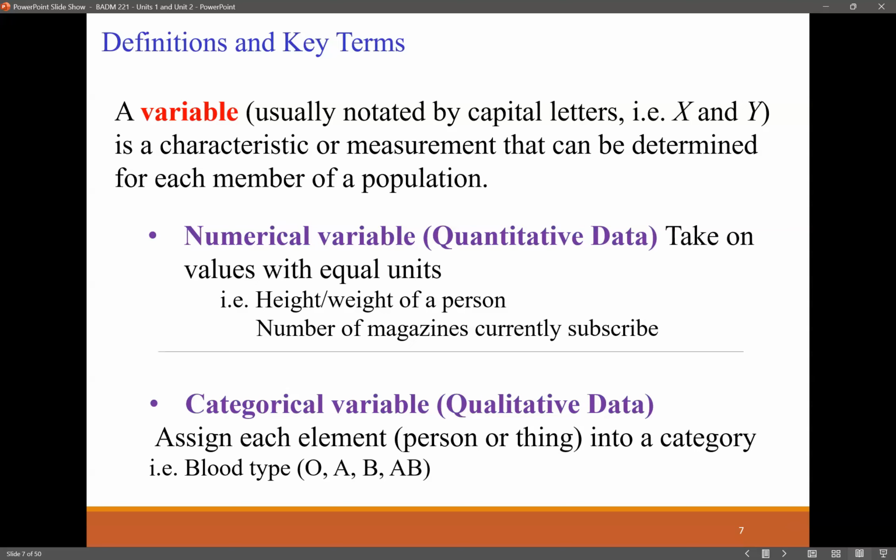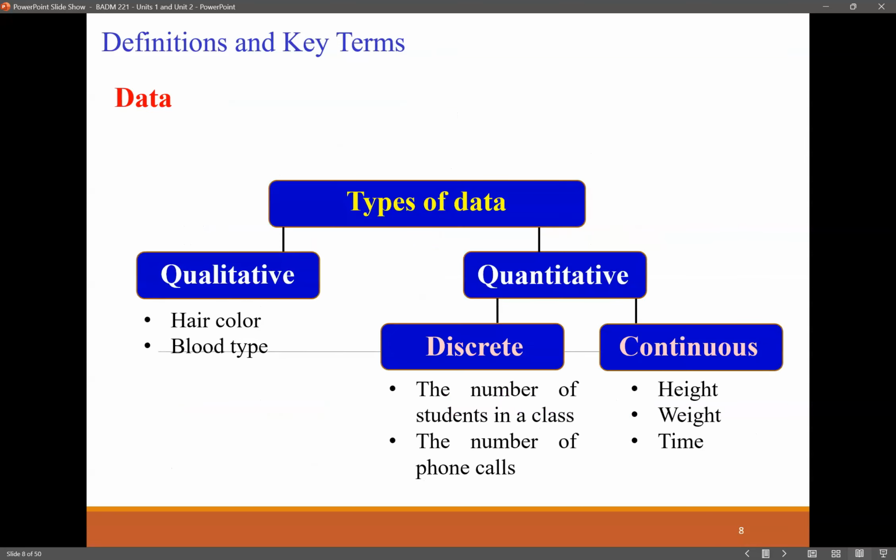Quantitative data involves numbers. For example, it can be height or weight, or number of magazines currently subscribed. But quantitative data, again, we can divide into two types: discrete quantitative data and continuous quantitative data. Discrete quantitative data is data which we can count.